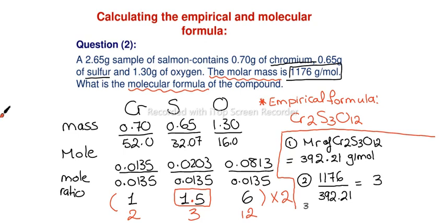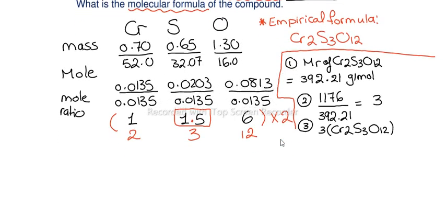Your final step now is to take this 3 and multiply it by your empirical formula, which is Cr2S3O12.